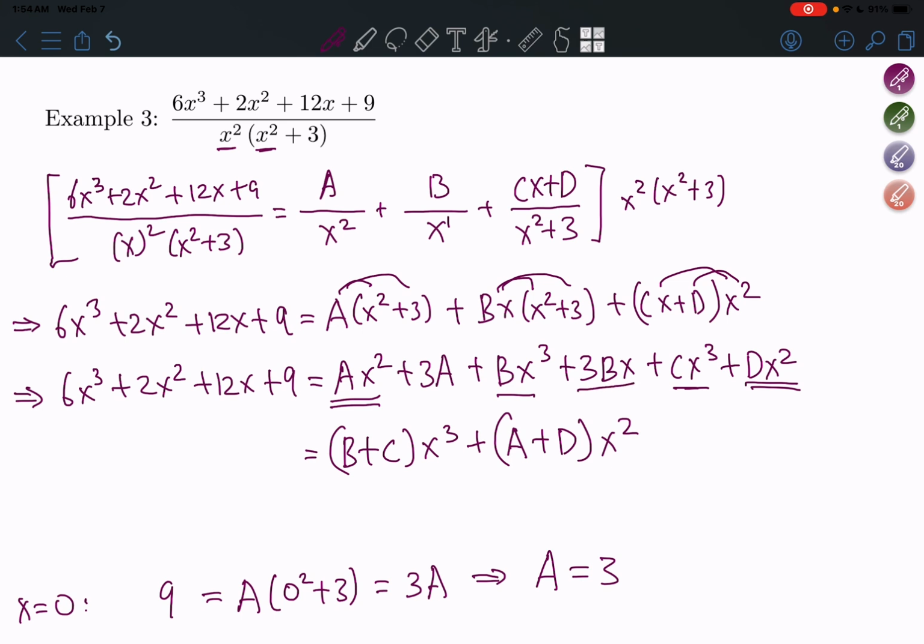The x term, I just have 3bx, so plus (3b). I like to just put them in parentheses to indicate their coefficients. And lastly, 3a. That's my constant term. Okay? So the left-hand side is still the same. I haven't done anything much.